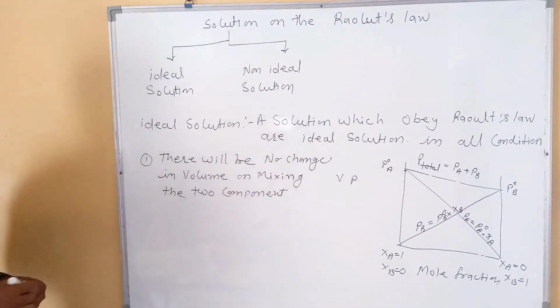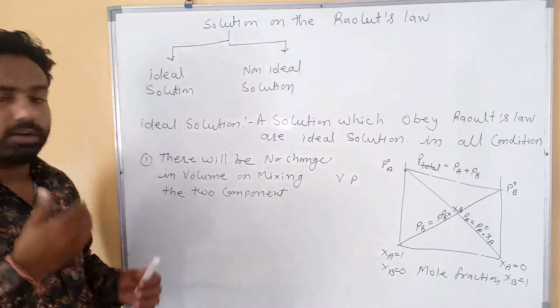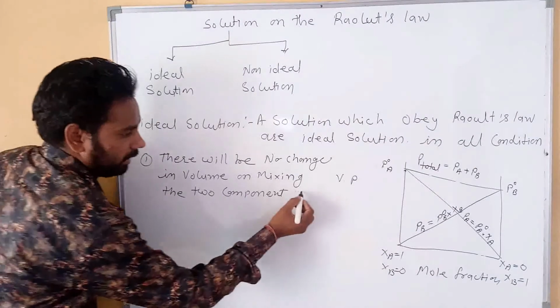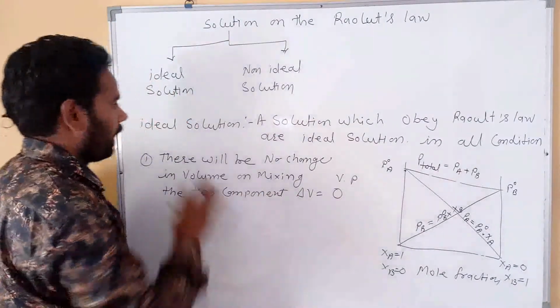Okay, there will be no change in volume on mixing the two components. It means delta V is equal to 0 for ideal solution.